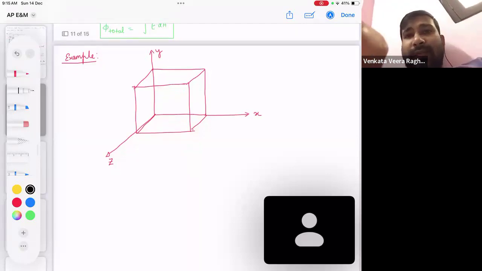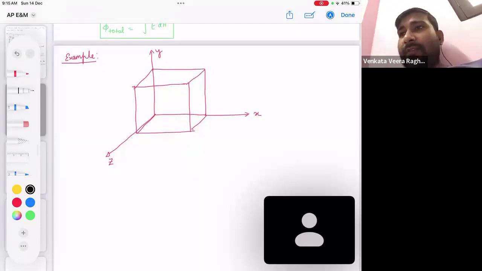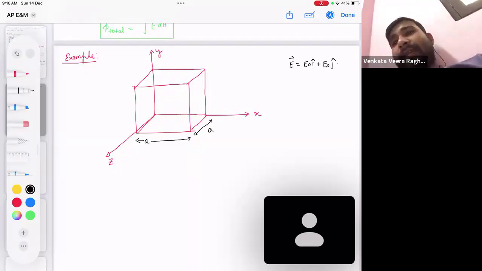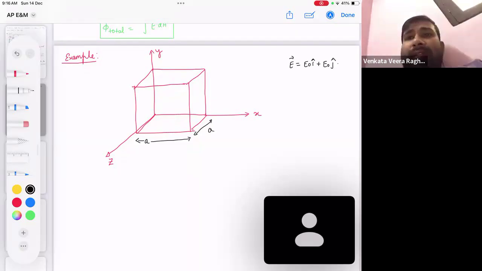Chalo, let me take two cases. First case, given to us, electric field as E naught I cap plus E naught J cap. And this is a cube of side A. Now if I try to calculate the flux, how many faces are there?